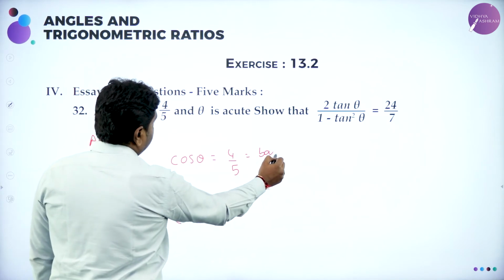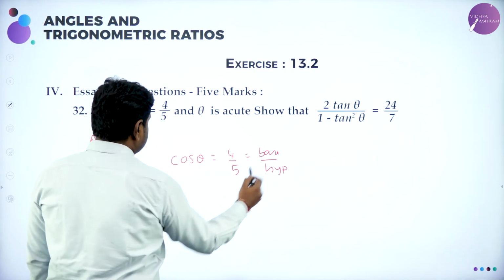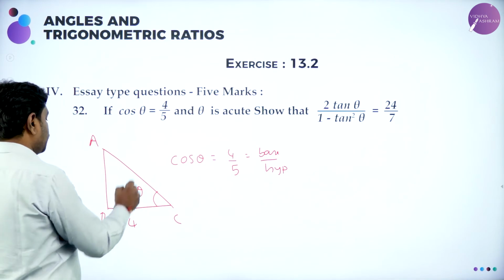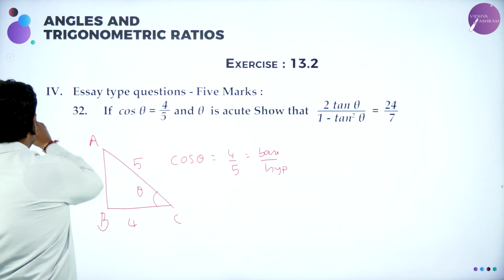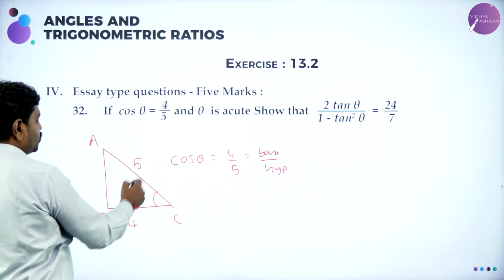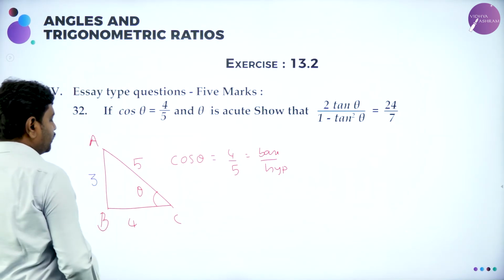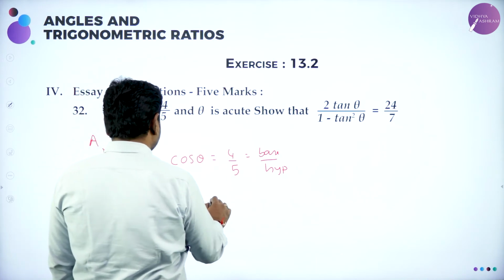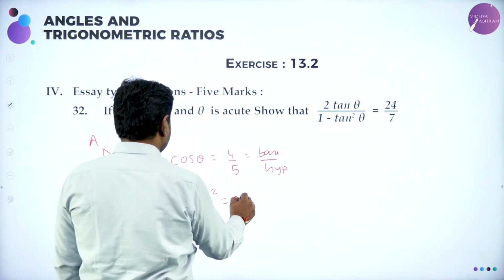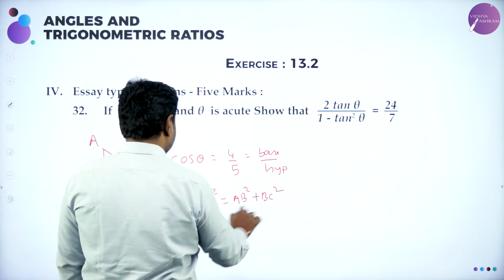Cos means what? Base by hypotenuse. What is the base? The base is 4 and hypotenuse is 5 and the remaining number, Pythagorean triplet. If these two are 4 and 5, the missing number is 3. Or use Pythagoras theorem. AC square is equal to AB square plus BC square, and you are interested in AB square.